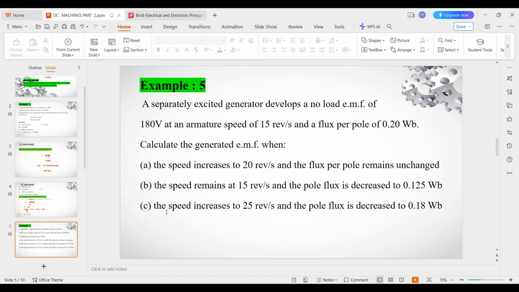Example 5 asks: a separately excited generator develops a no load EMF of 180 volts at an armature speed of 15 revolutions per second and flux per pole of 0.20 Weber. Calculate the generated EMF when the speed increases to 20 revolutions per second and the flux per pole remains unchanged.